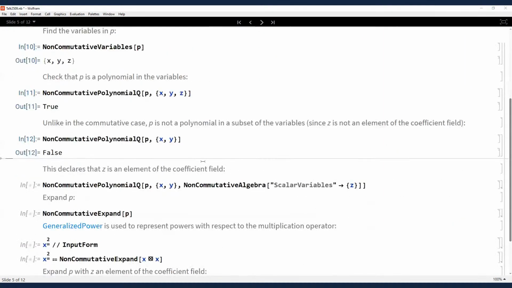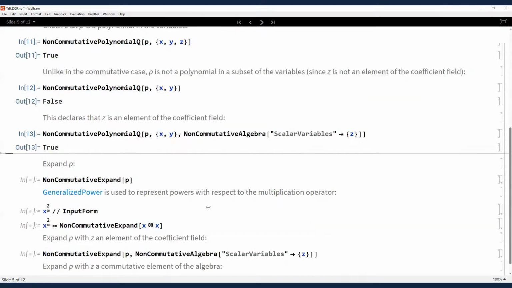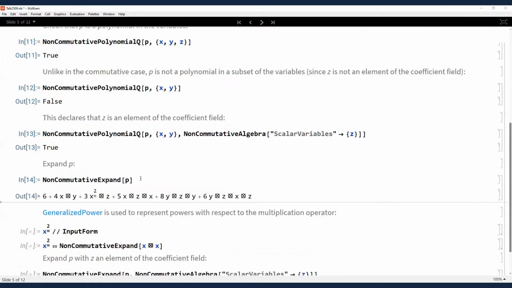On the other hand, if we declare that Z is an element of the coefficient field, so we say Z is an element of scalar variables, and now it is a polynomial in X and Y. We can expand the polynomial P. As you can see, we got this in the result.